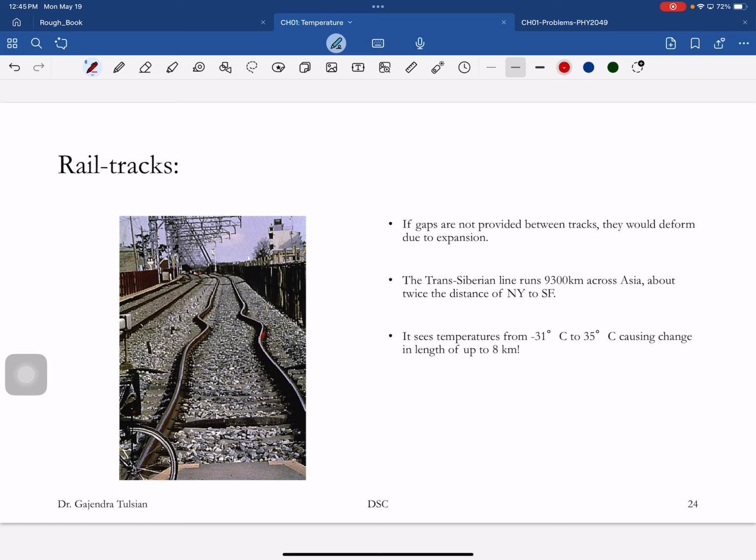And as the material expands, the forces would be so large that it would deform the material. On the sidewalks, you see those lines, the cuts; those are thermal expansion gaps. So you have to build all this in all places.